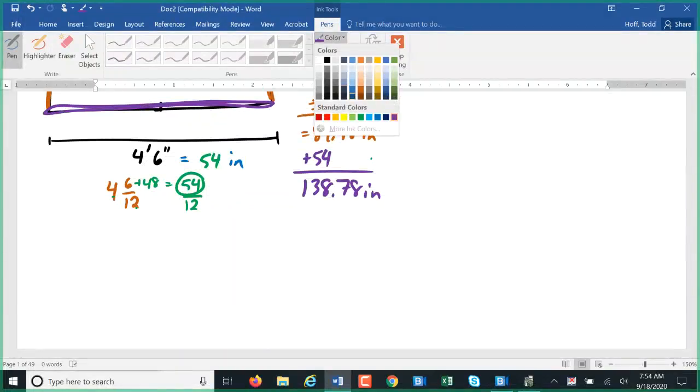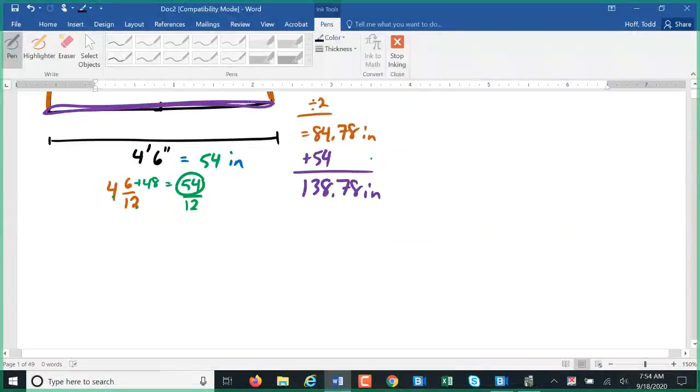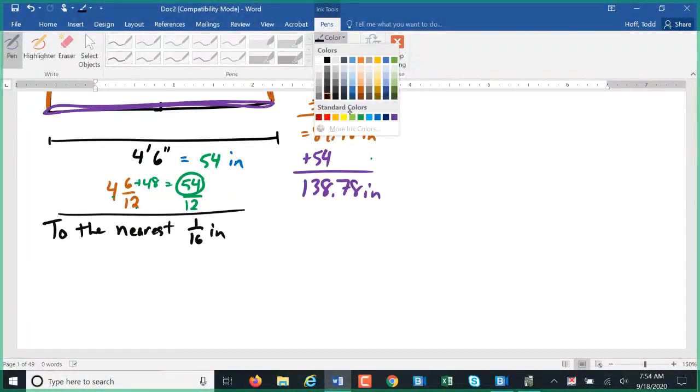But now, before we move on to the second problem, let's do a little bit extra. Let's change that into feet and inches to the nearest 16th of an inch. So I have my 138.78 inches.